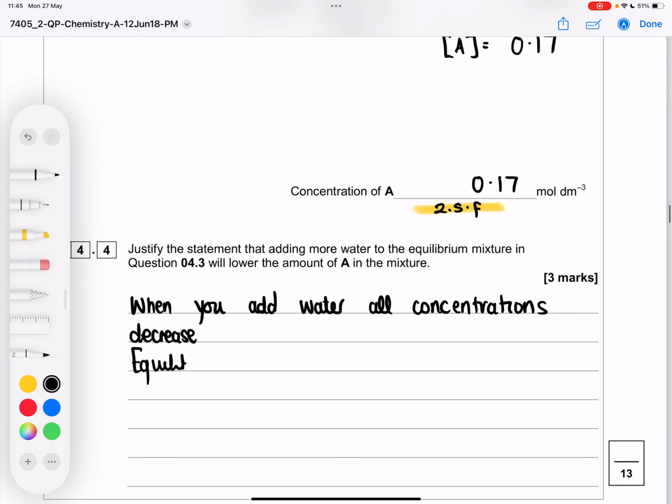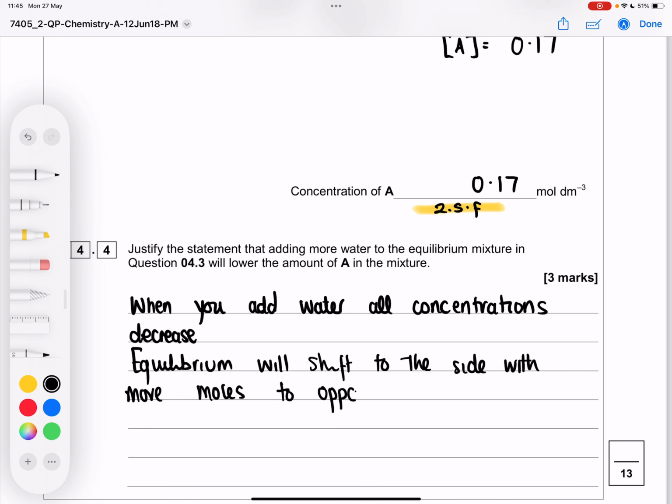So equilibrium will shift to the side with more moles to oppose that decrease in concentration.